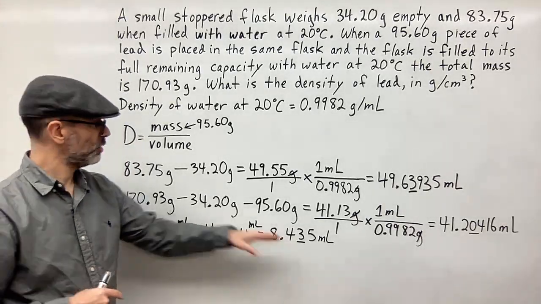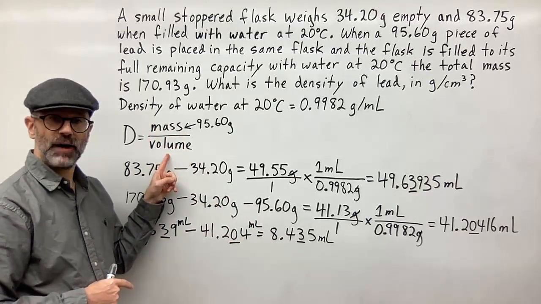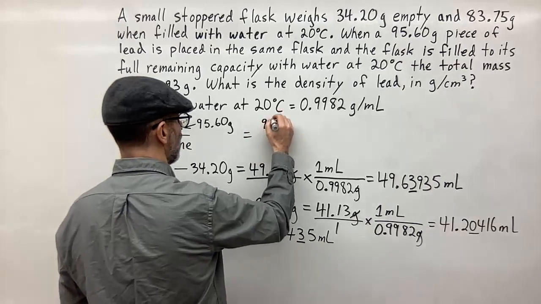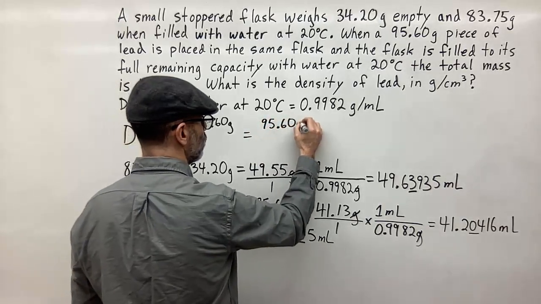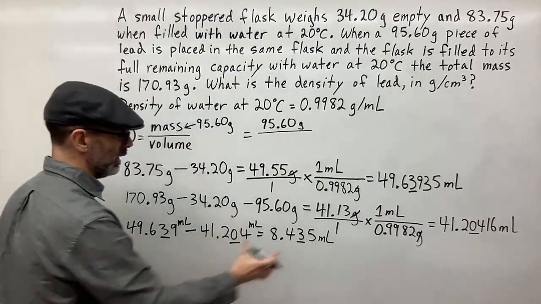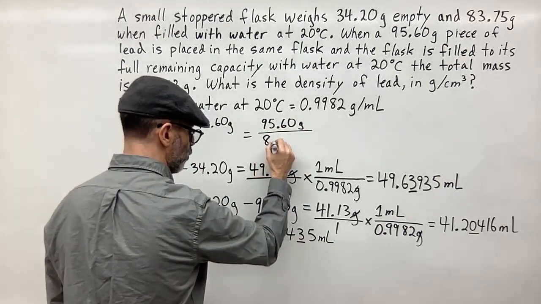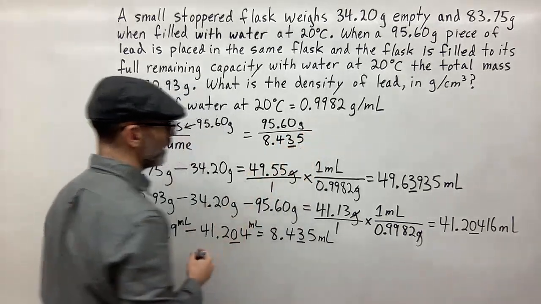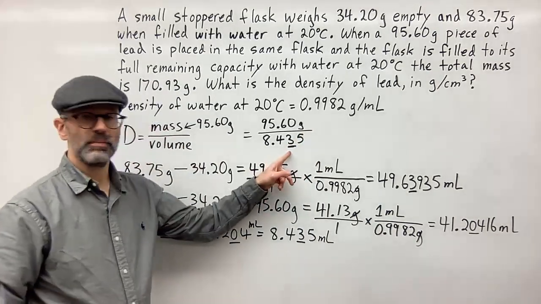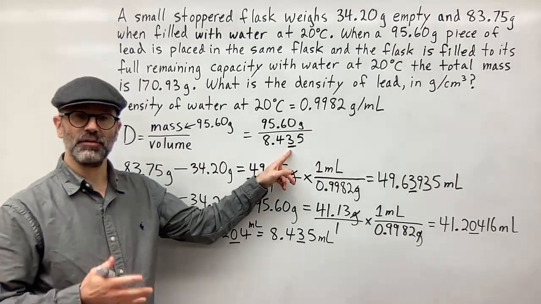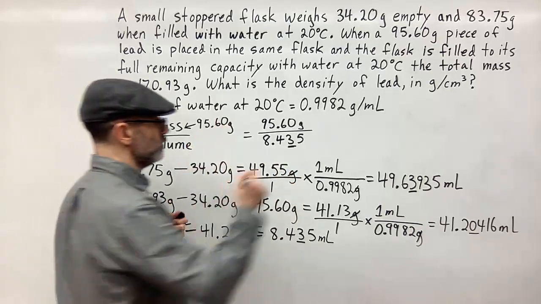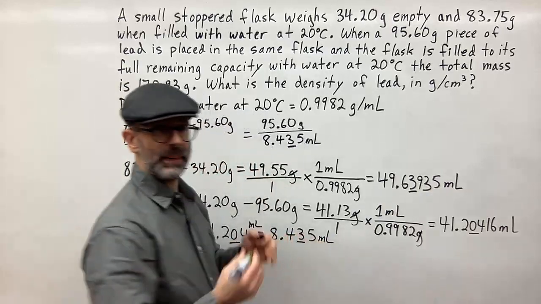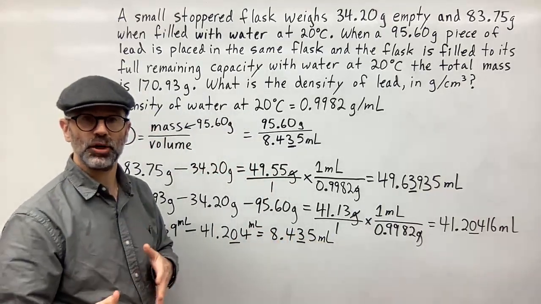So now I have the volume, so now I can plug it in to find the density of the lead. So now I'm going to go ahead and plug everything in. The mass is 95.60 grams. And then this is 8.435. Again, I'm going to put the line under the 3 to remind myself that this is my last significant digit. And by the way, 1 milliliter is the same as 1 centimeter cubed.